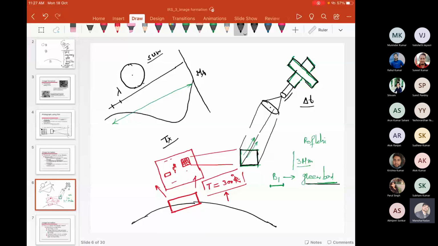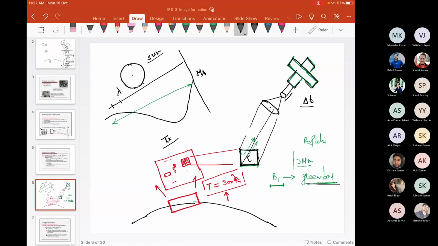From this ground resolution cell, there is upwelling radiance available in the entire electromagnetic spectrum, though the intensity varies with what kind of features we have within this ground resolution cell.